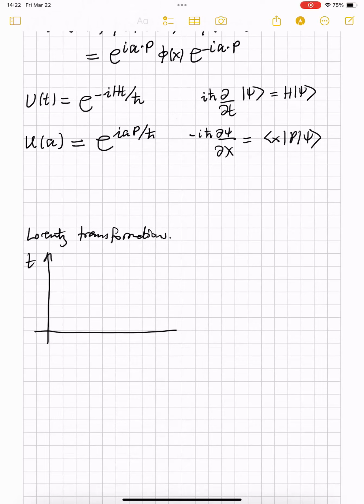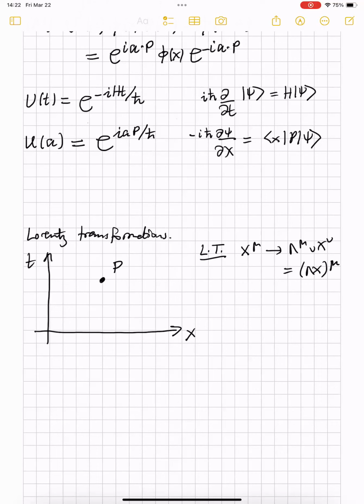We have the t-axis, the x-axis, and there's a point over here, a point P, okay? And let's say that point P has coordinates x mu. Then under a Lorentz transformation, x mu goes into lambda mu nu x nu, or you can write this as lambda x mu.